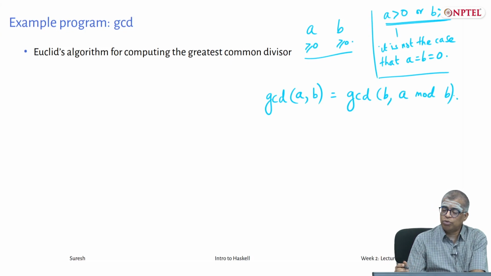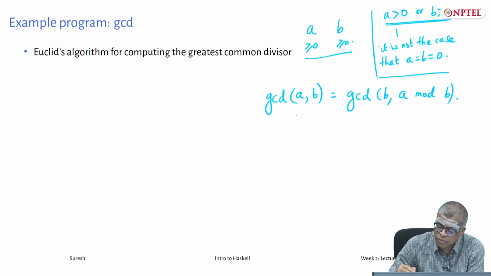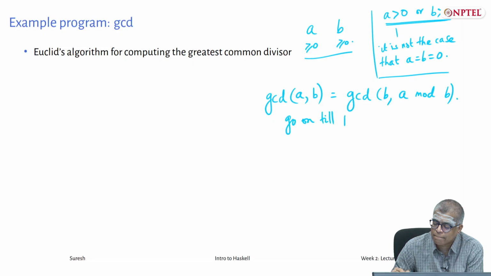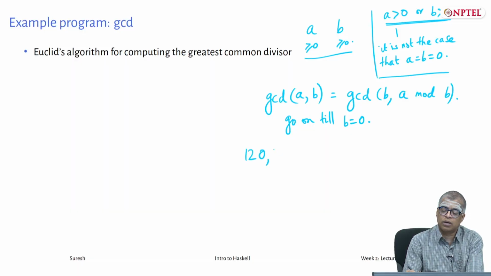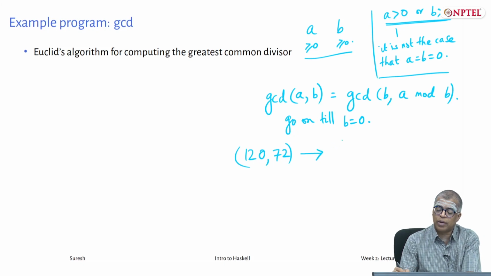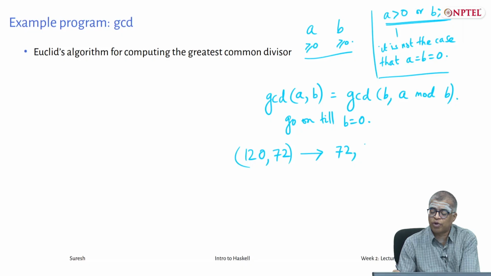How long do you go? You keep on going till B becomes 0. Let's give an illustration. Suppose I want to find the GCD of, I don't know, 120 and 72, let us say. This will become 72 and then mod that, which is 48.